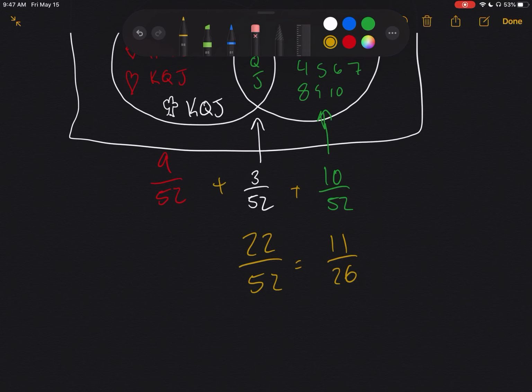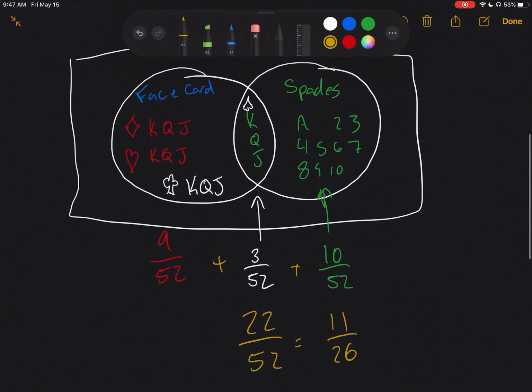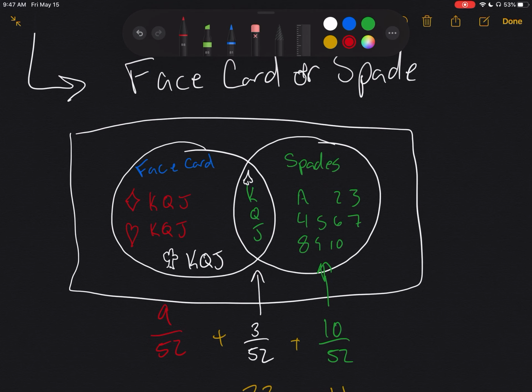Okay? Now, if I didn't use a Venn diagram, then you might say, what are the chances it's a face card? Well, there are 3 face cards per suit, so a total of 12 face cards. And then you might say, how many spades are there? Well, there are 13 of each suit, so 13 spades.